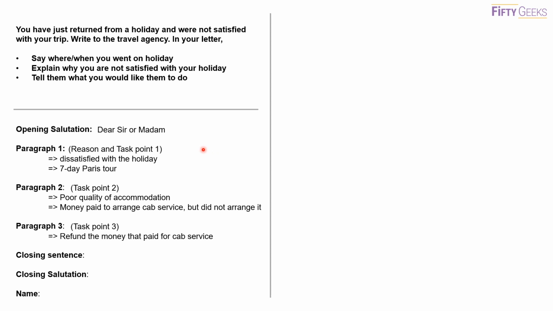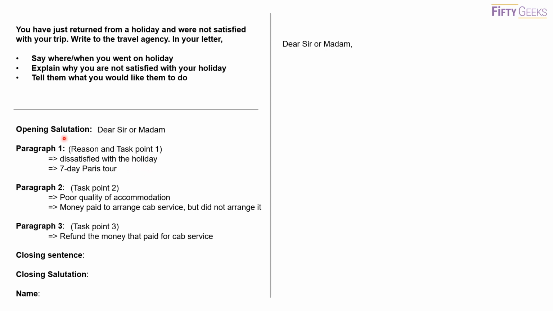First of all, we will write an opening salutation for this letter. As this is a formal letter, we will simply write, Dear Sir or Madam. Next, we will write the first body paragraph. I will start with an opening sentence where I will explain our reason for writing this letter, which is our dissatisfaction with the holiday.